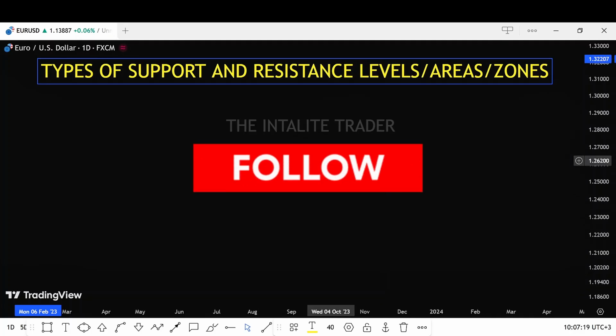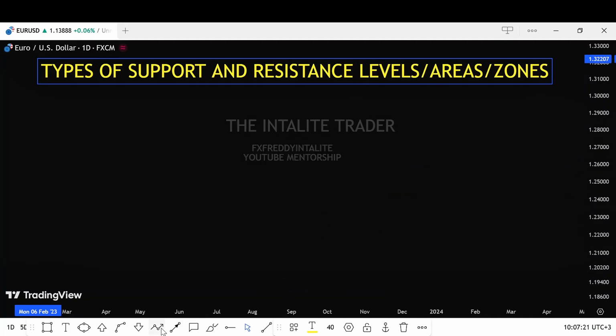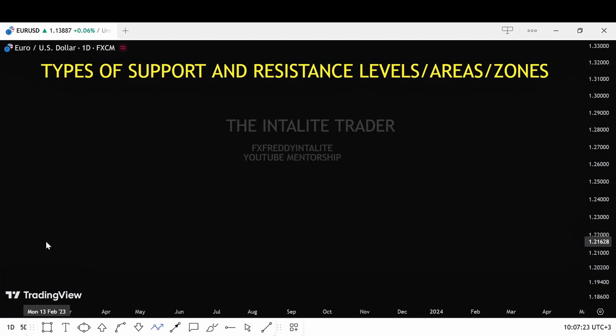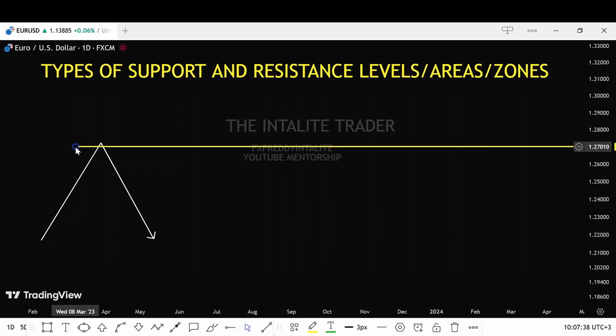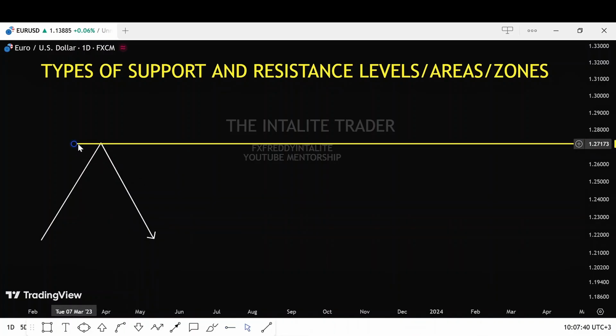So we say in support and resistance, when price moves and it finds a rest, it reverses. This level is termed as a support level. So you draw and mark the level as your support, or you can mark the level.